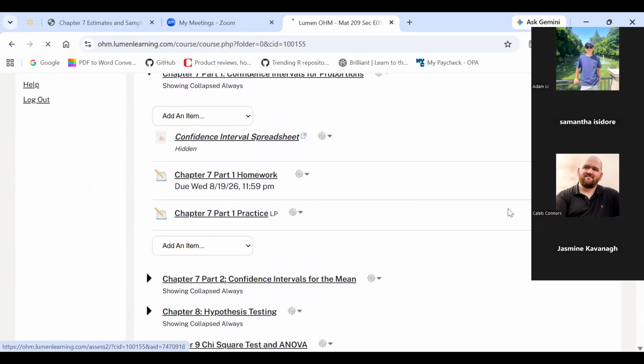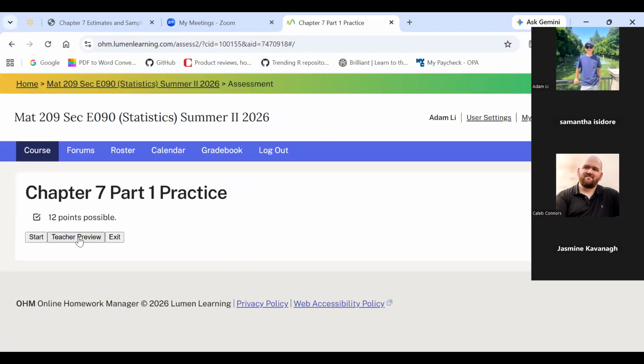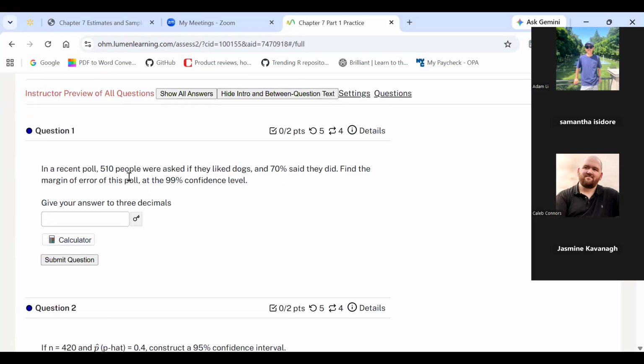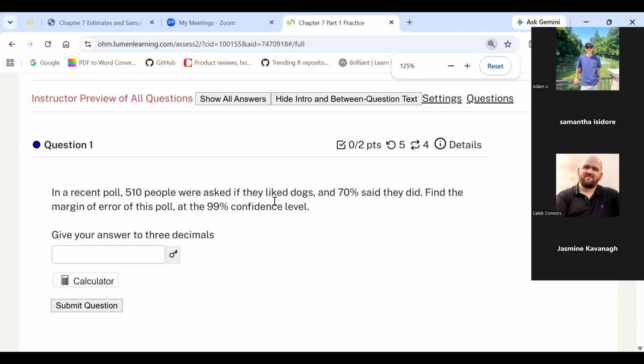One practice. Okay, let's look at the first question here. In a recent poll, 510 people were asked if they like dogs, and 70% said they did. Find the margin error of this poll at the 99% confidence level.